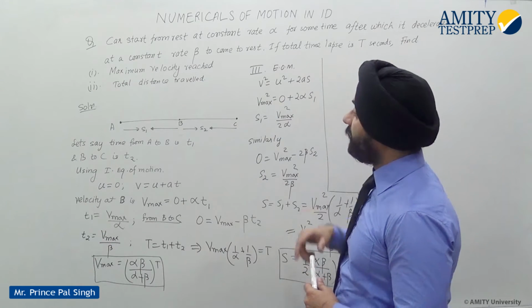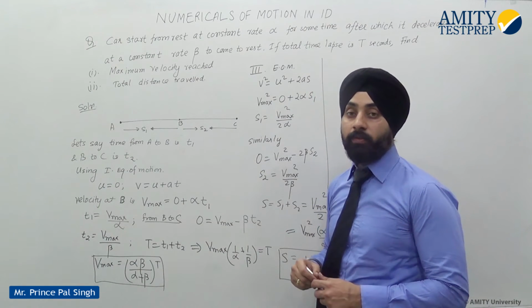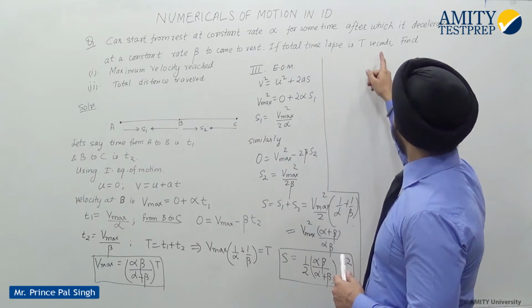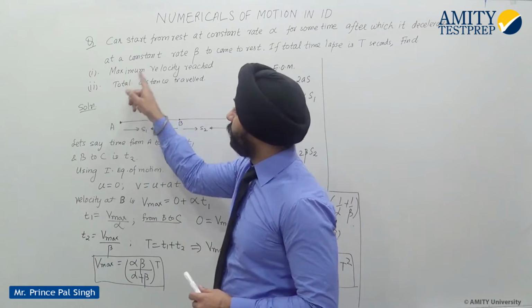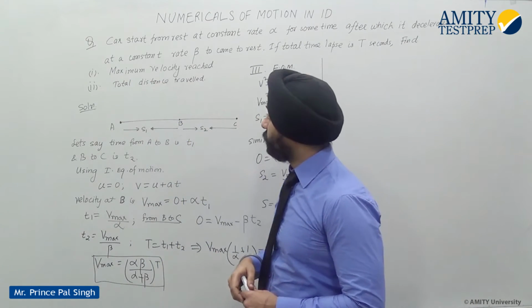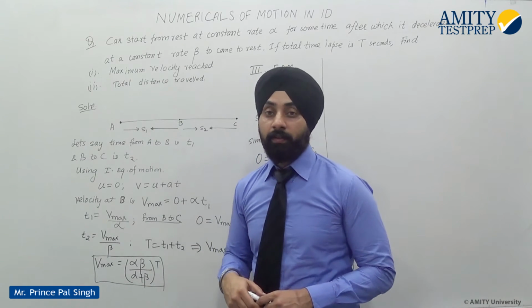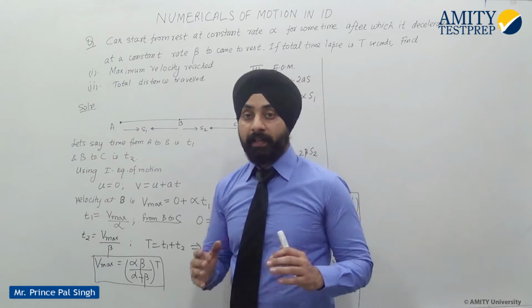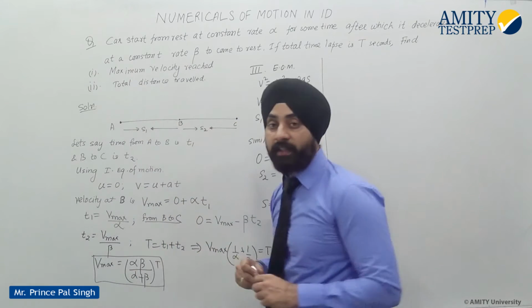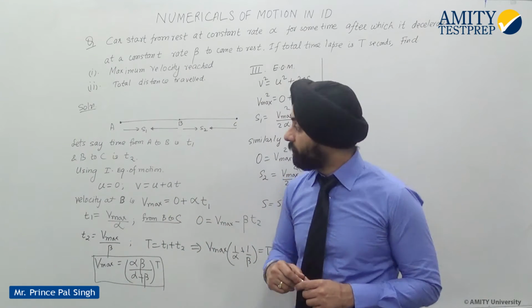If the total time elapsed for this whole journey is capital T, then we have to find out two things. The first is the maximum velocity attained by the car during the complete motion, and second is the total distance travelled by the car.